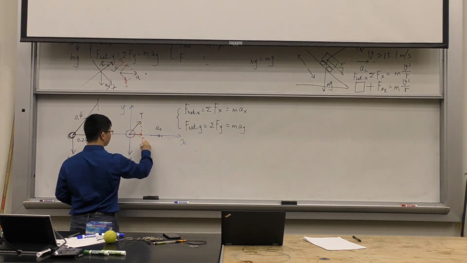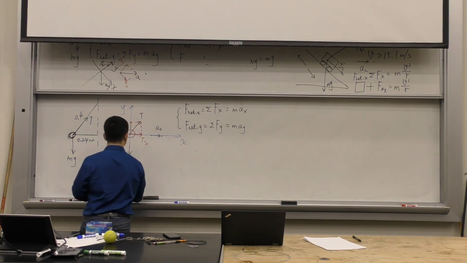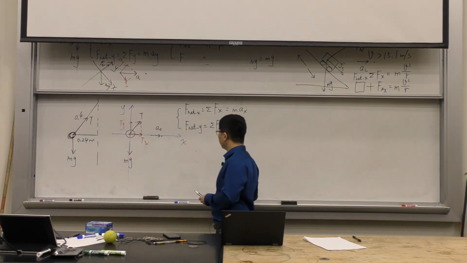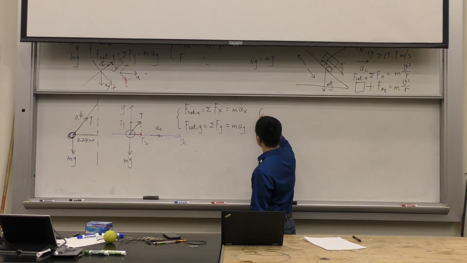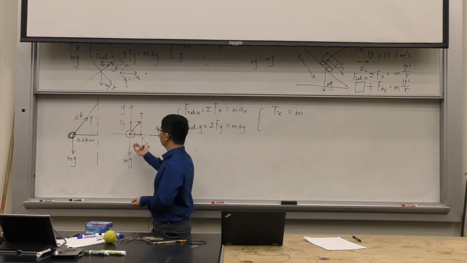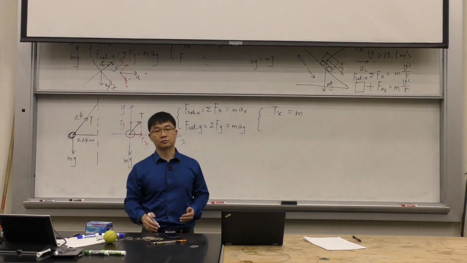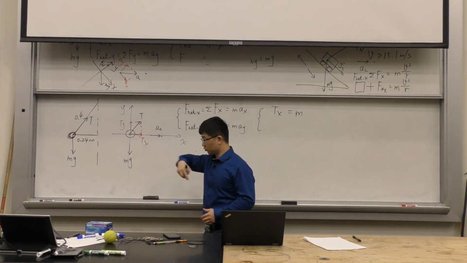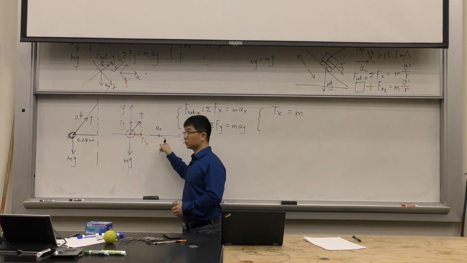This is Tx, and this is Ty. Now let's put all these components into these two equations. I would get Tx, the only x component, equals mass times the acceleration in x direction. It's not moving in this x direction, so it doesn't have any normal acceleration, but it's moving in a horizontal circle. So the center is here, there is acceleration toward the center.